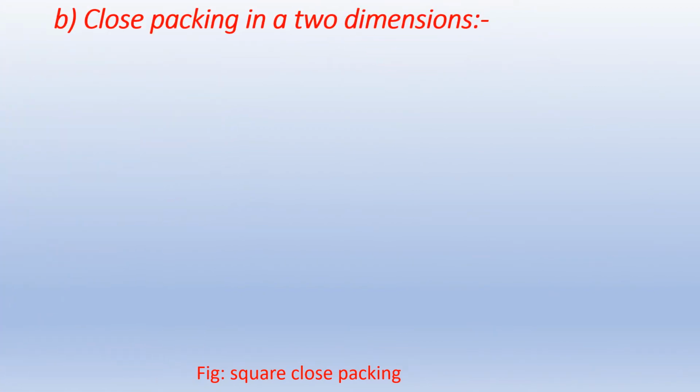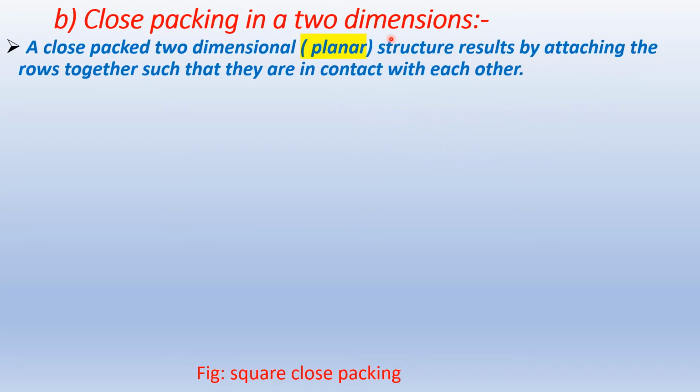Next one, that is B part, close packing in two dimensions. In this part, a close packed two dimensional planar structure results by attaching the rows together such that they are in contact with each other.